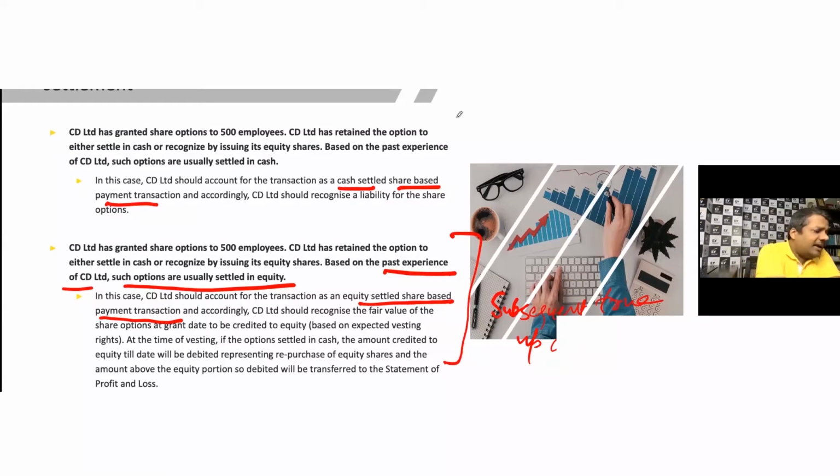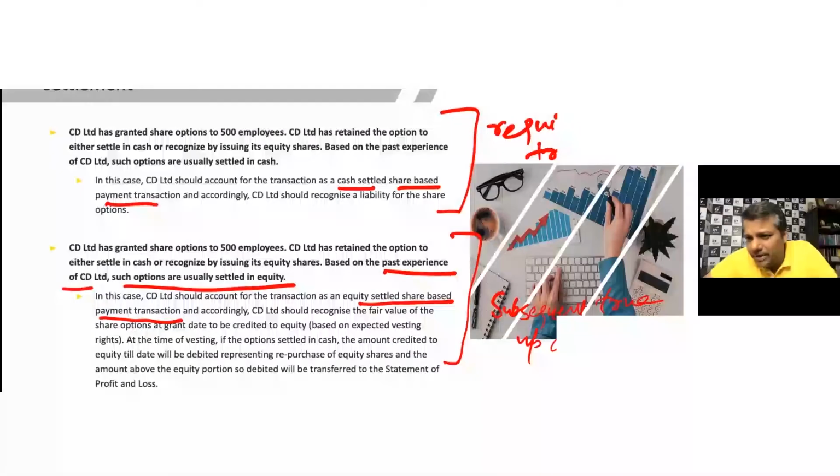Now, in a cash settled share based payment arrangement, you are required to true up at every measurement date.